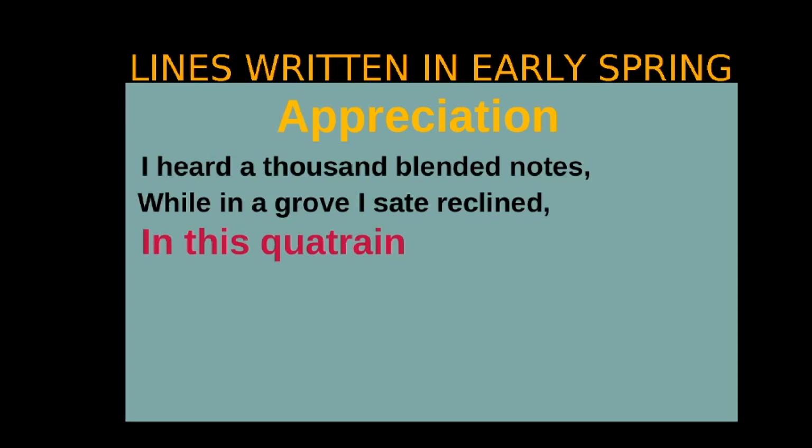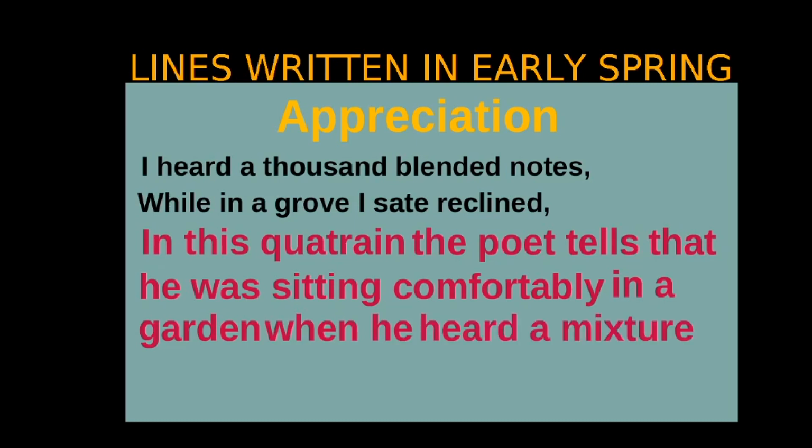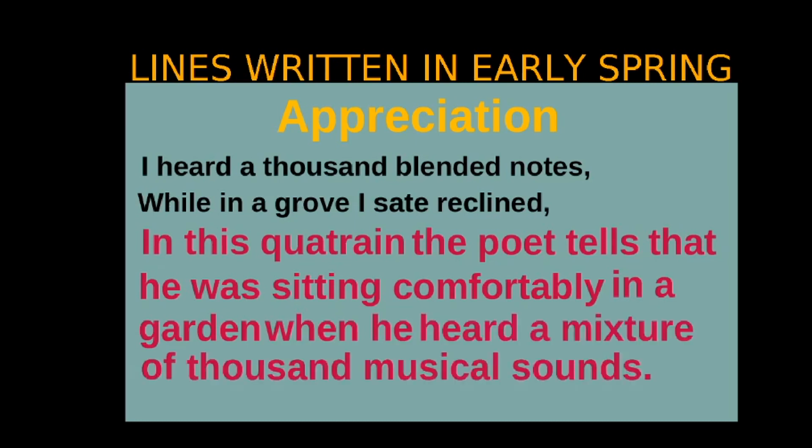So in this quatrain, the poet tells that he was sitting comfortably in a garden. So these 2 lines mean the poet was sitting comfortably in a garden when he heard a mixture of a thousand musical sounds.